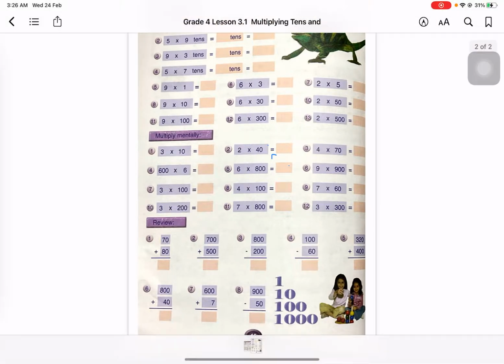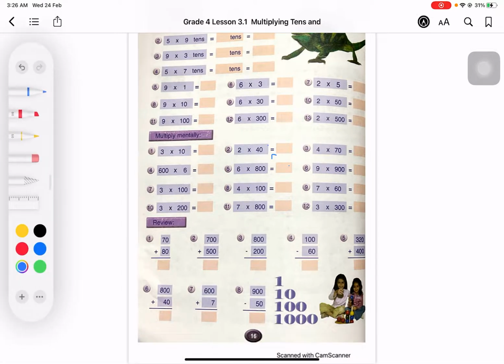Now we are going to continue the same way. For example, I am solving 5 by 9. Okay, 5 by 9, but they wrote beside the 9 tens. 5 by 9, it's 45. It is 45 tens. So you are going to write 45 tens. Cross the tens.